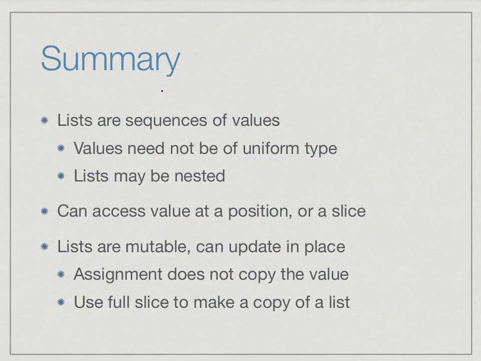So all positions will typically have a uniform type, but this is not required by Python. And we can nest lists, so we can have lists of lists and lists of lists of lists and so on. As with strings, we can use the square bracket notation to obtain the value at a position, or we can use the square bracket with colon notation to get a sublist or a slice.